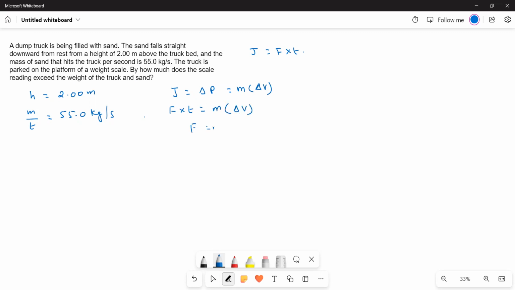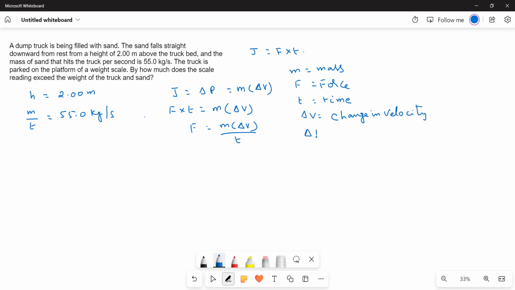Or F is equal to m delta v divided by t, where m is the mass, F is the force, t is the time, delta v is the change in velocity, delta P is the change in momentum, and J is the impulse.